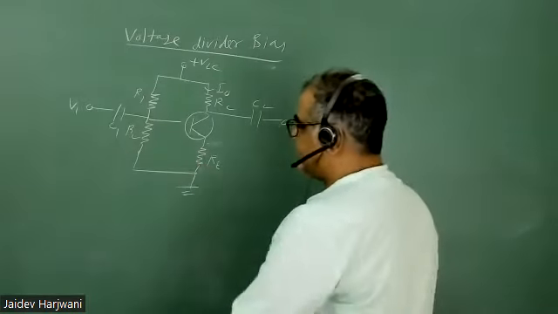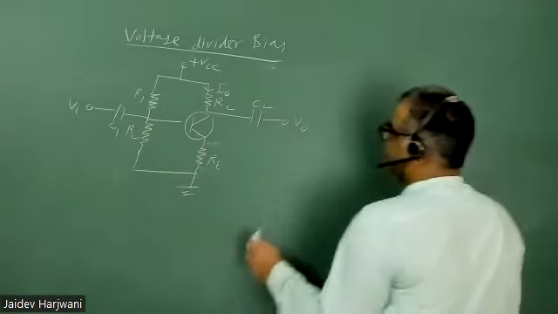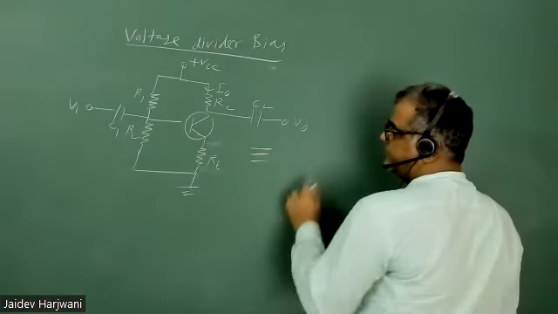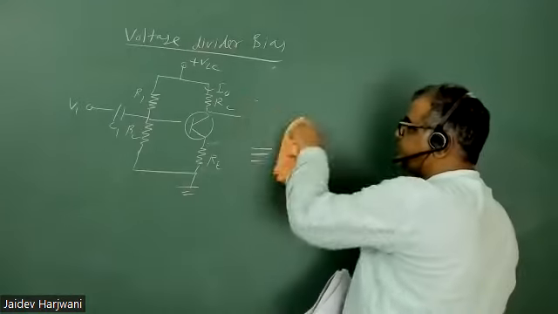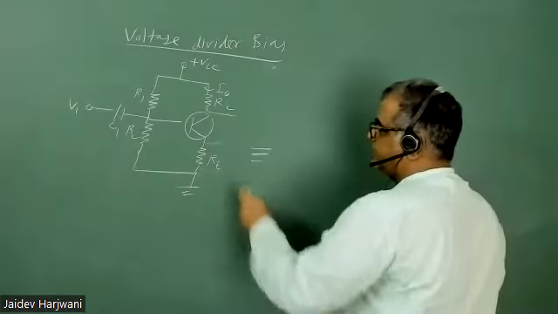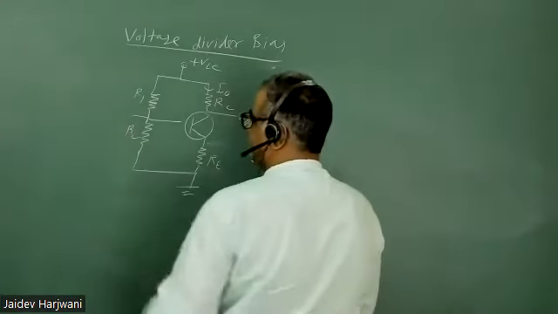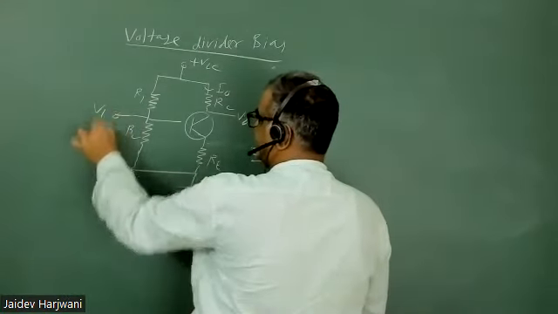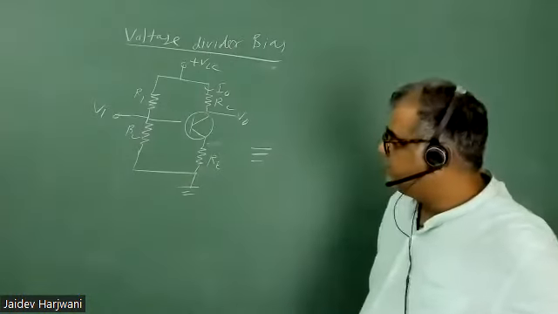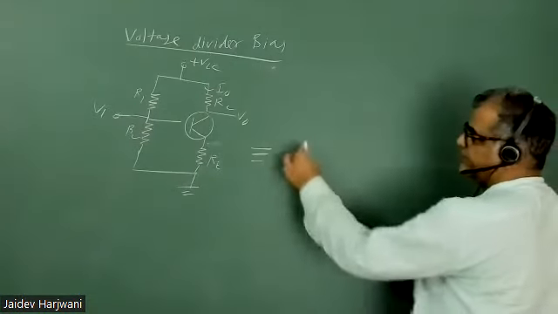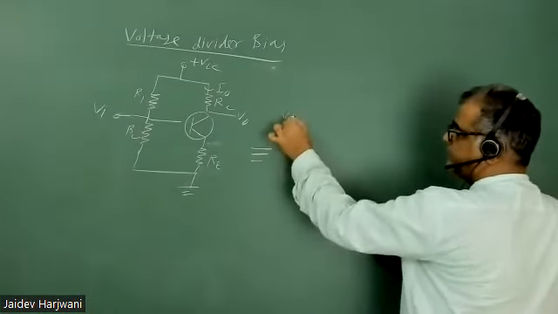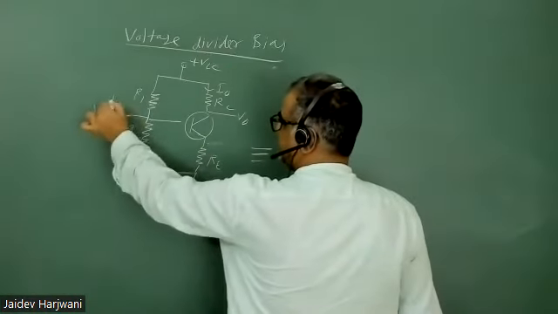So let me now draw the equivalent circuit of this one. You have to remove this capacitor, short circuit. You have this V naught. This also becomes a short circuit capacitor, so you have a V1 now. Now let me make the simplified circuit first. You have V input. I naught current is coming here, I naught.